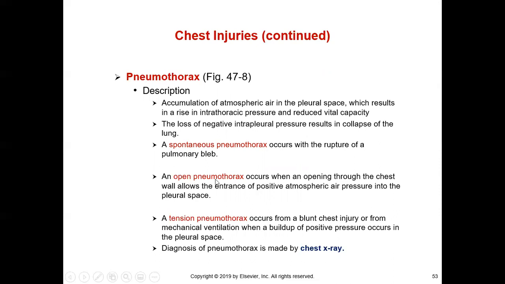Also, an open pneumothorax occurs when an opening through the chest wall allows the entrance of positive atmospheric air pressure.